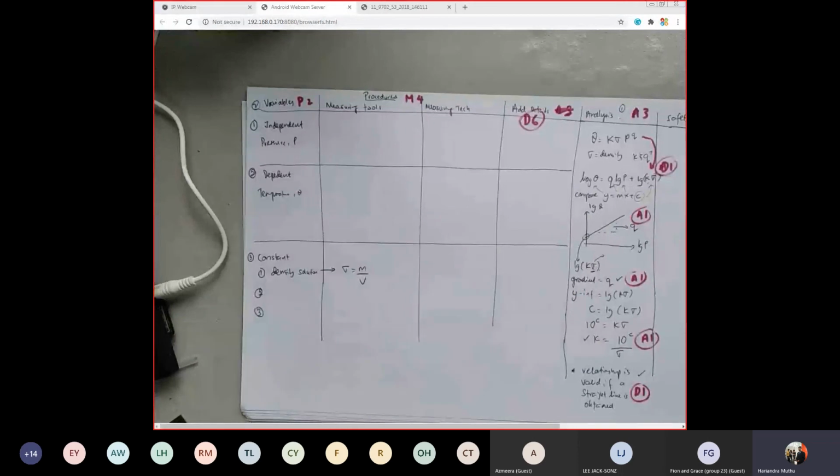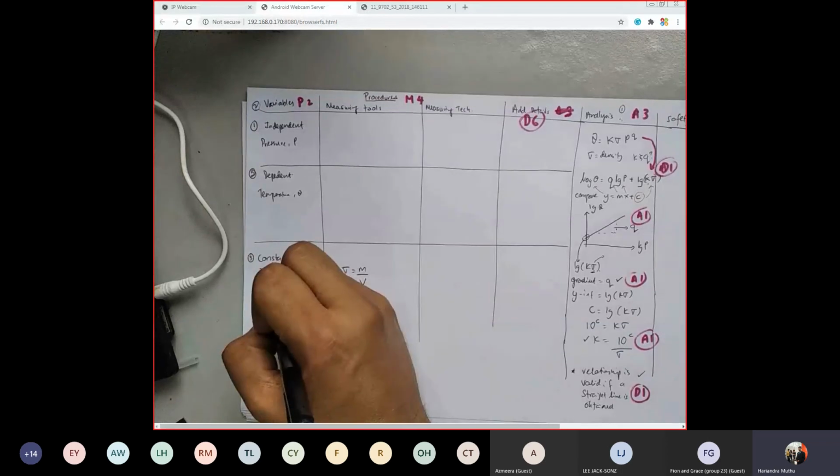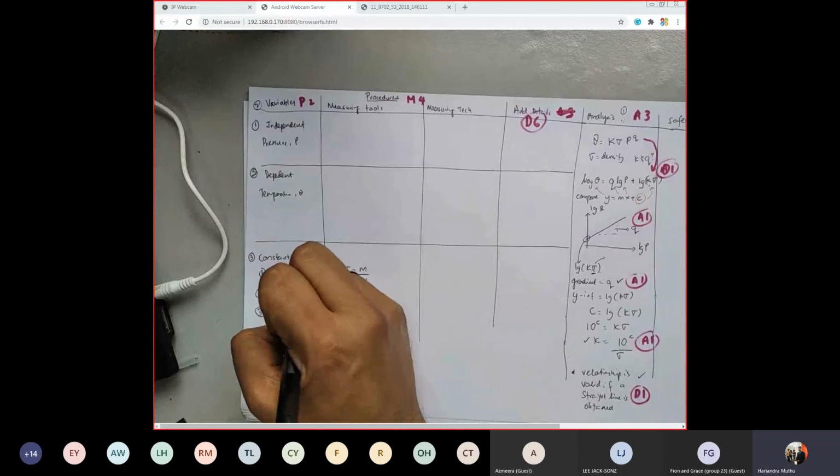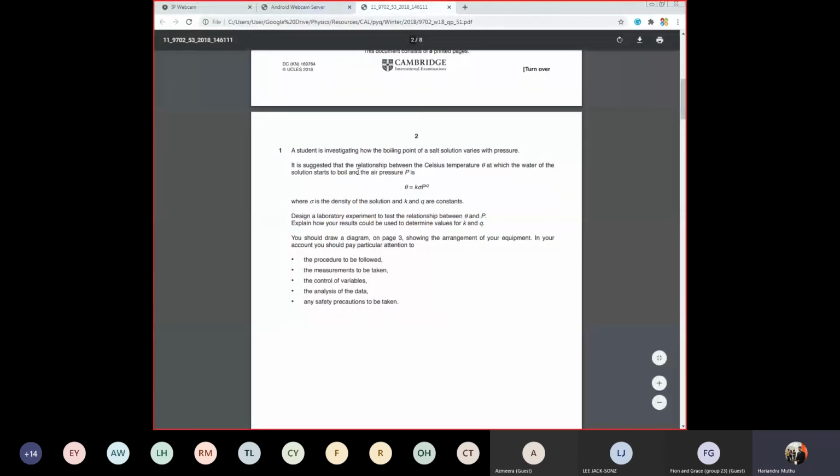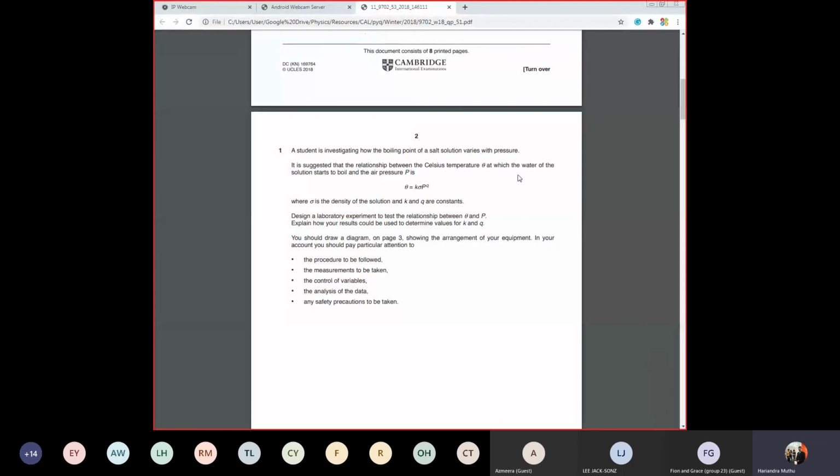Okay, so what other constants do we need to have? Is there any other constant? Think about whether you need to keep any other physical quantities fixed, maybe the boiling point, because the question says the temperature of the salt solution where it will start to boil.